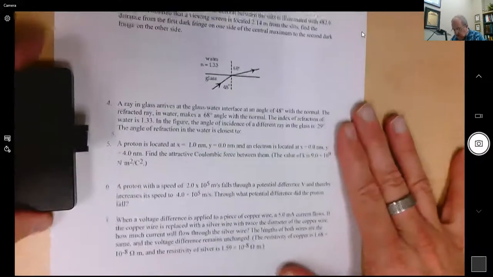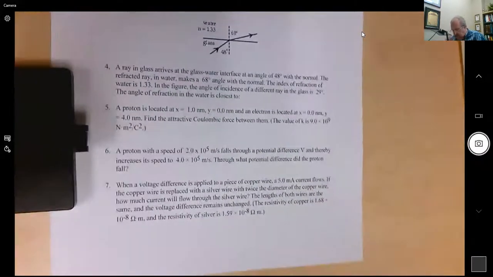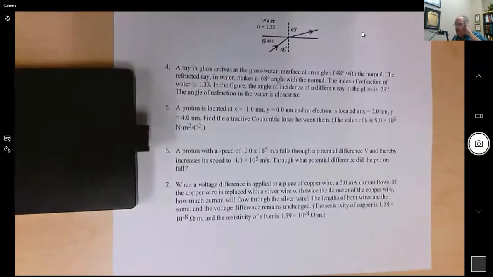So then we have a proton that has a speed of 2 times 10 to the 5th meters per second, and it falls through a potential difference V, and it increases its speed to 4.0 times 10 to the 5th meters per second. So we want to find what's the potential difference through which the proton fell.